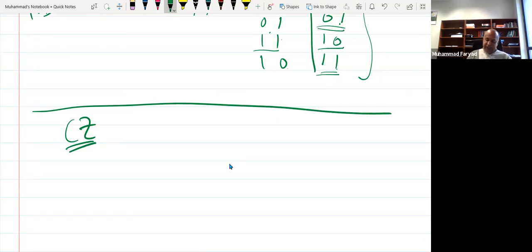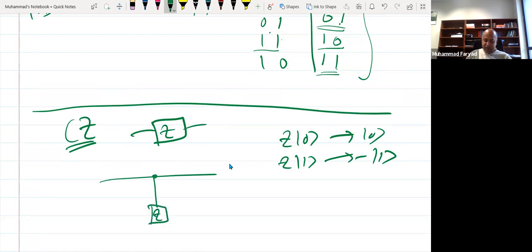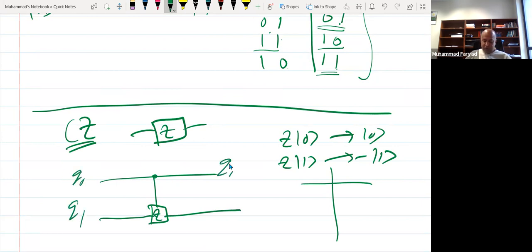A controlled Z gate, first of all, doesn't do anything to 0, and it gives a phase to input 1. So if this is Z, a controlled Z gate officially should do this: if your input is Q0, Q1, I'm writing input on the right and the output on the left side.